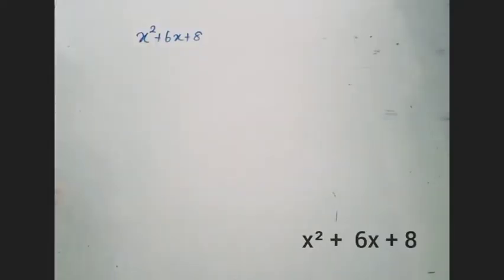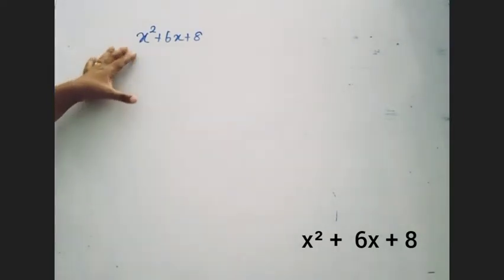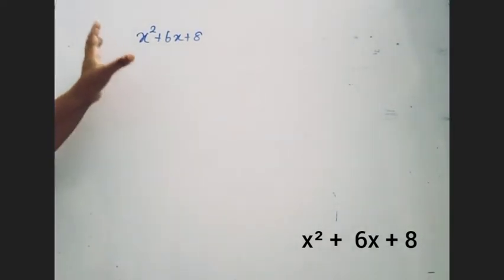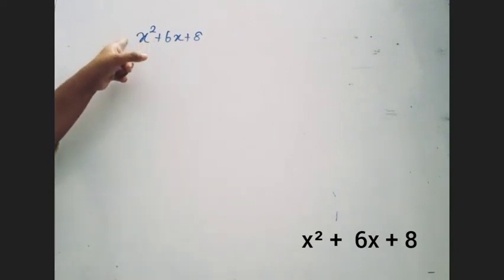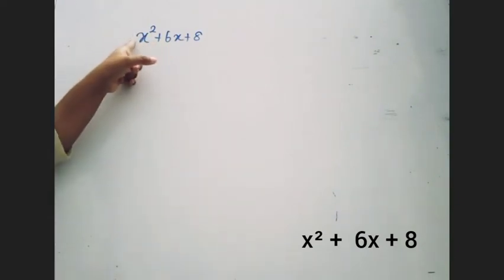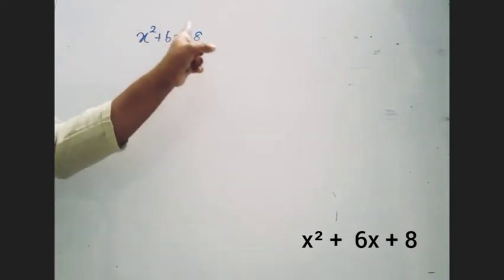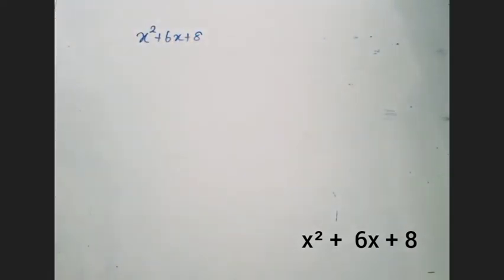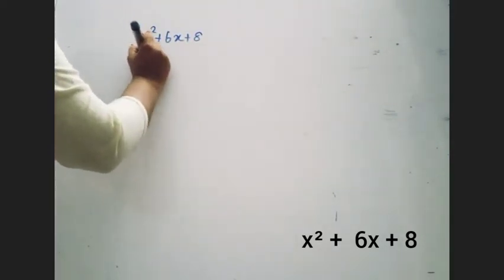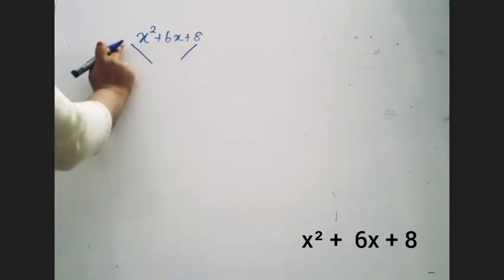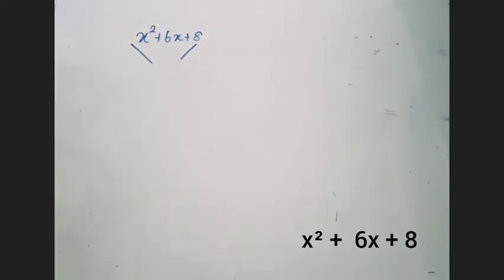Now this is the first example. I am going to factorize this trinomial quadratic expression. As you can see, this is in the format of ax square plus bx plus c. The very first step to factorize this is to multiply the coefficient of x square and the constant value.